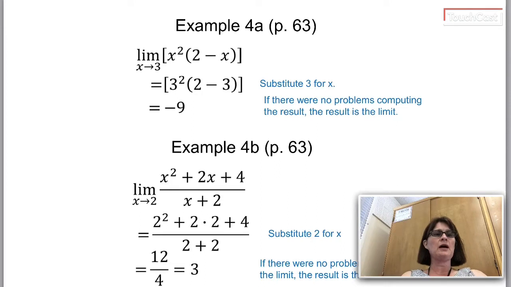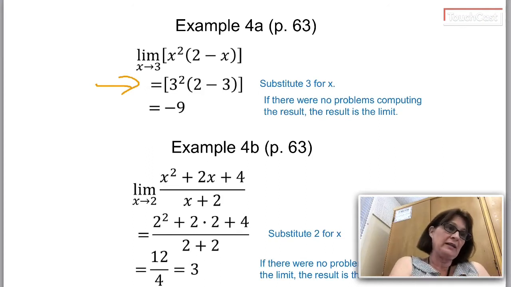So you can see here I have replaced all my x's with 3's. I'm going to evaluate the exponent first, make sure I simplify what's inside the parentheses, and I get a result of -9. So if I had no problem computing that result, then that result is the limit. It's that easy. I'm not trying to mess with you.